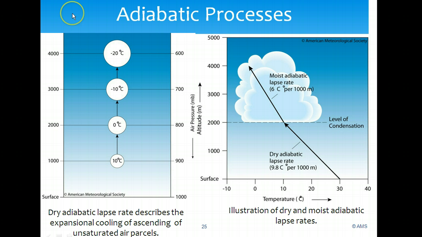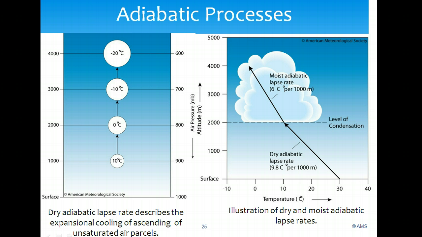These particular graphics give you a comparison of dry and moist adiabatic lapse rates, and they describe the difference in temperature changes with the difference in levels of condensation or moisture in the air.